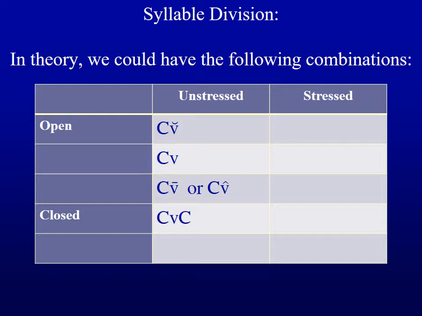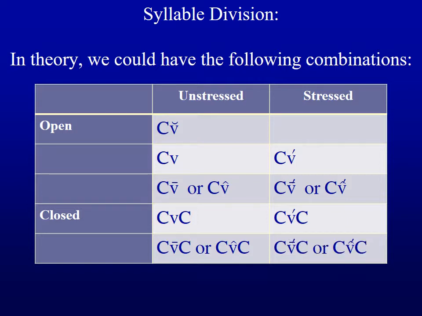We could have a closed syllable that was consonant short vowel consonant, or closed syllable that is consonant long vowel consonant, or consonant hyperlong vowel consonant. Now we could imagine all of those combinations in an unstressed syllable, or we could imagine in a stressed syllable having consonant short vowel, consonant long vowel, or consonant hyperlong vowel, consonant short vowel consonant, or consonant long vowel consonant, consonant hyperlong vowel consonant. So these are all the possible combinations: stressed and unstressed, open and closed.